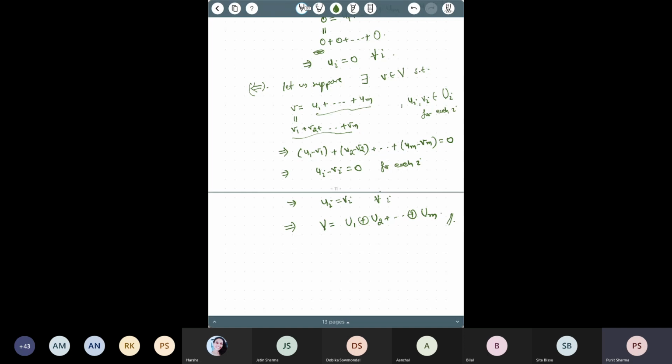So if V is a vector space and U and W are two subspaces of V, then V is the direct sum of U and W if and only if V is equal to U plus W, and the intersection of U and W contains only the zero vector. So when we have only two subspaces, this result is true. But if we have more than two subspaces, it is not true, as we have already seen in an example.